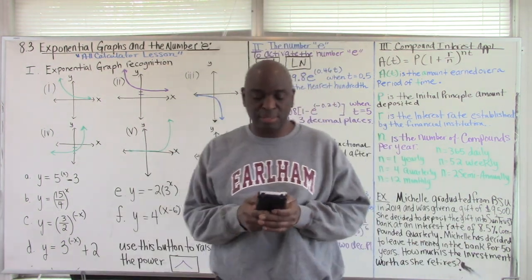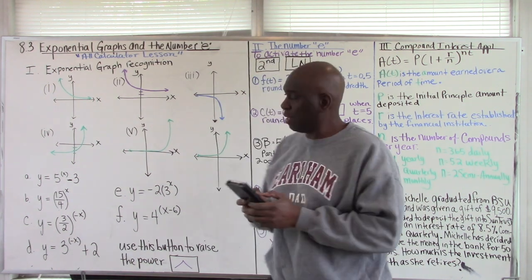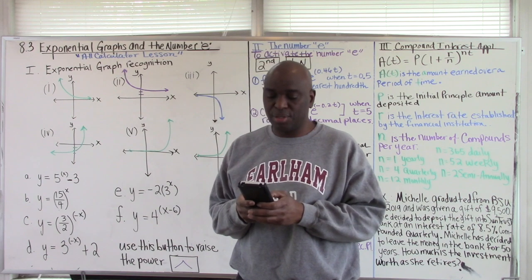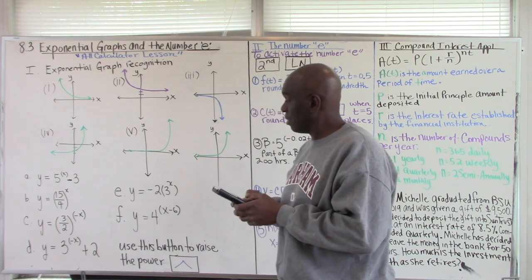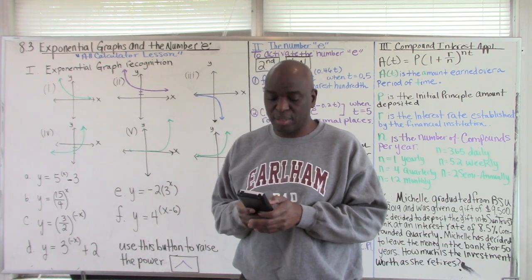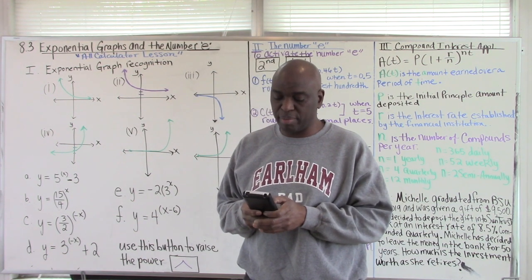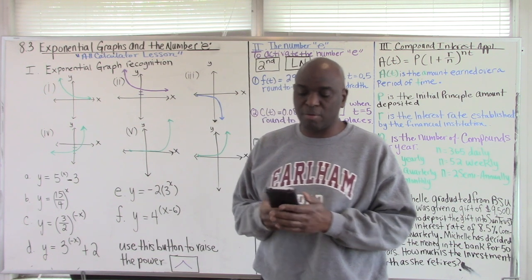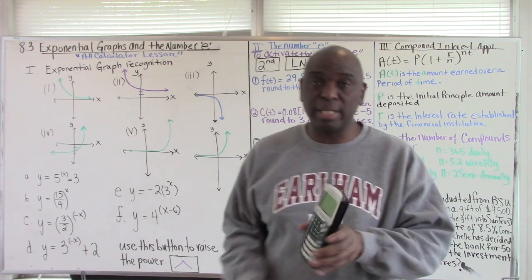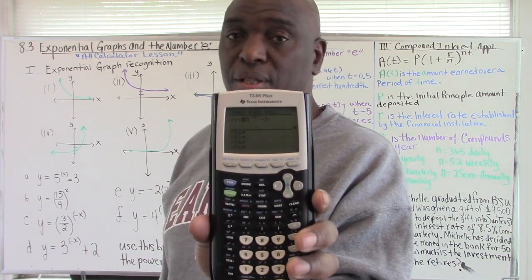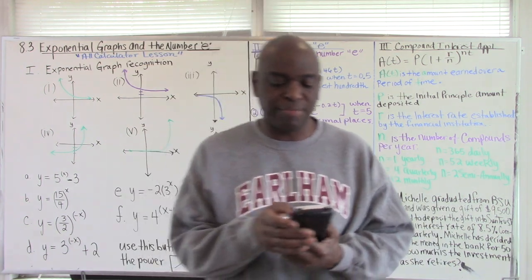Turn the calculator on, go to y equals, and enter 5 to the parenthesis x minus 3, close parentheses. This is what it should look like in the graphing calculator. Then I'm going to hit graph.